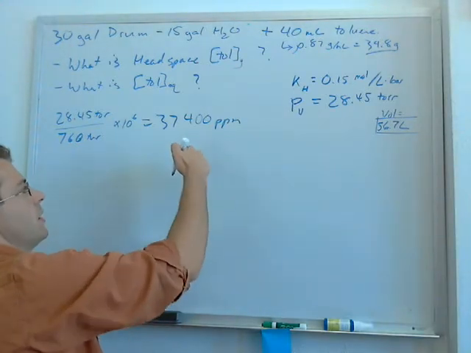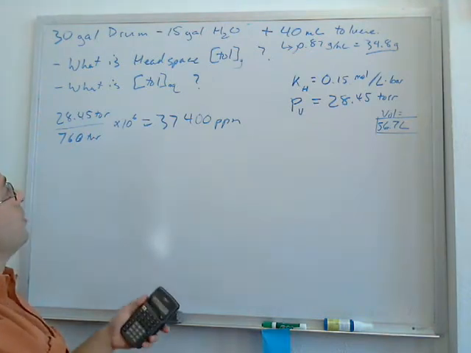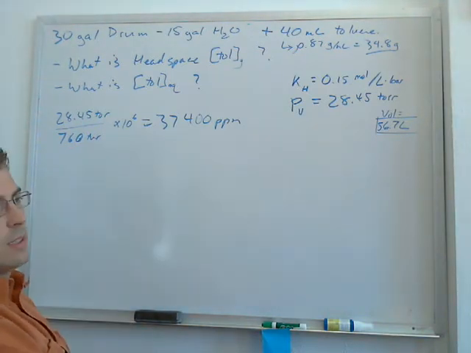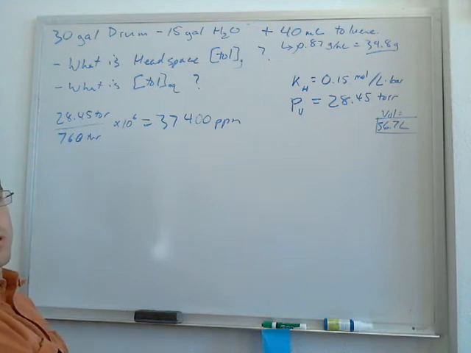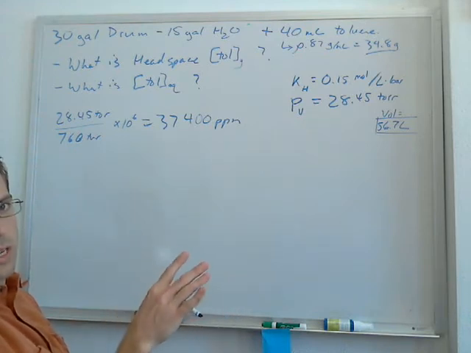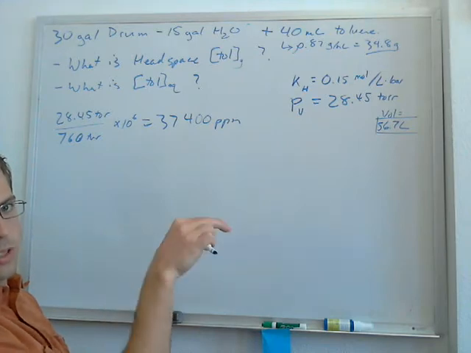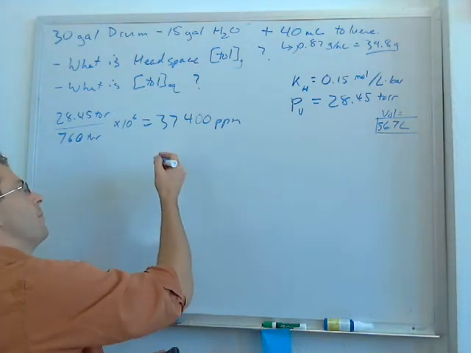So those parts per million, those of you that are in the industrial hygiene, environmental world, you know that we can convert parts per million pretty quickly to milligrams per cubic meter by multiplying by the molecular weight and dividing by molar volume. If we do that, then the units work out, and it gives us from parts per million to milligrams per cubic meter.